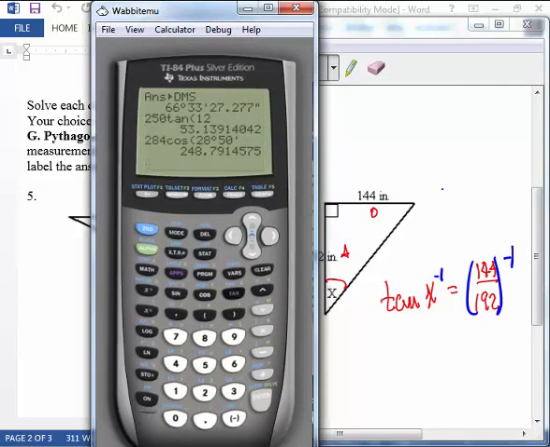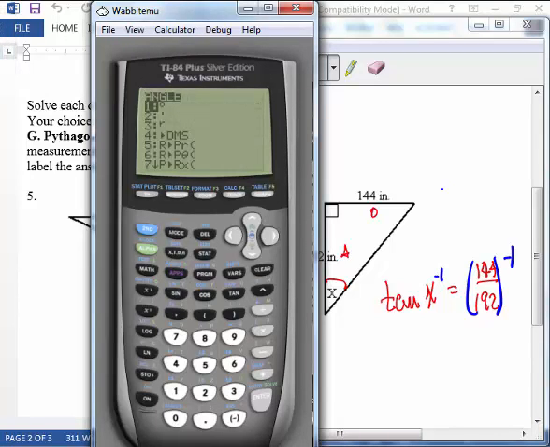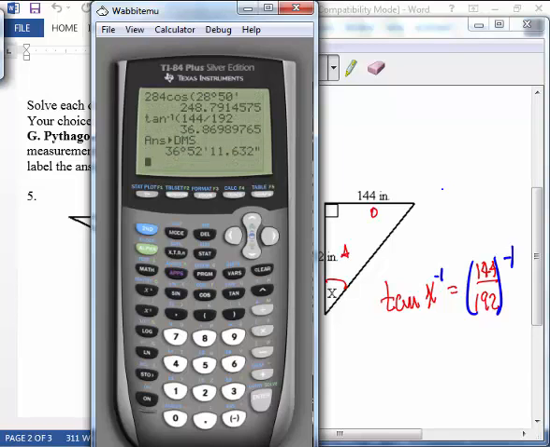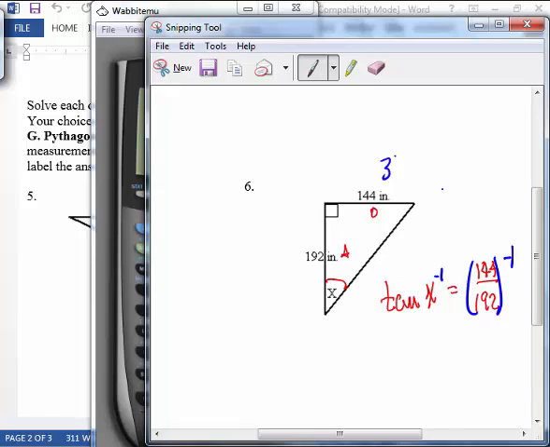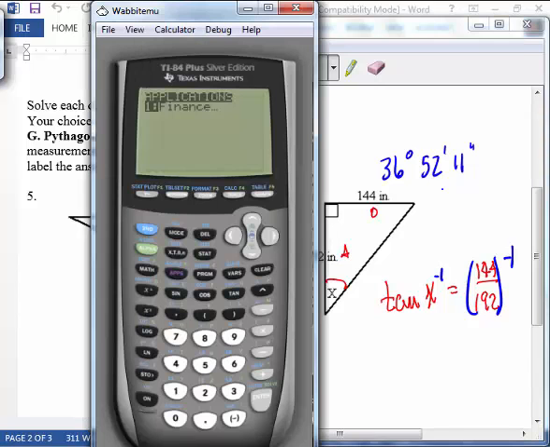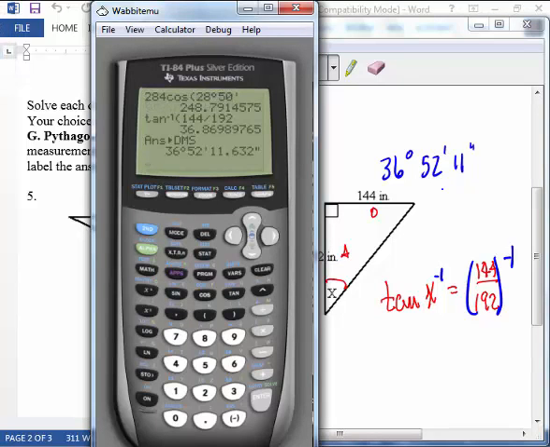So second function tangent, 144 divided by 192 is 36. Oops, we're supposed to make it in degrees, minutes, seconds. And we would say 36 degrees 52 minutes 11 seconds. Next. Oh, 12 seconds, sorry.